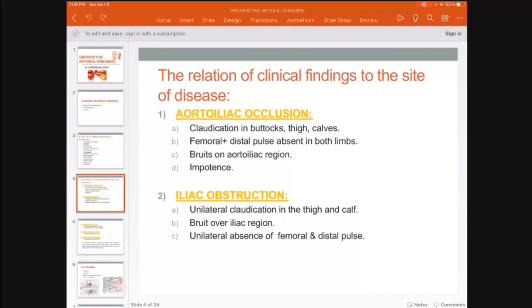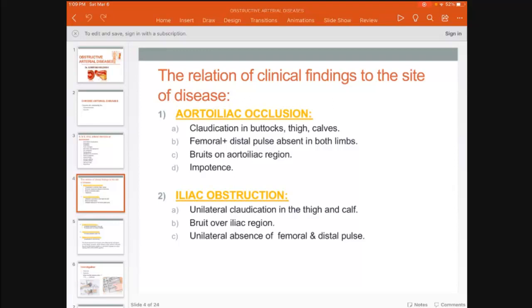This is what we call Leriche syndrome. You should remember this name. When I ask you what is Leriche syndrome: it is aortoiliac occlusion with impotence and absence of femoral pulses, and it occurs in males.